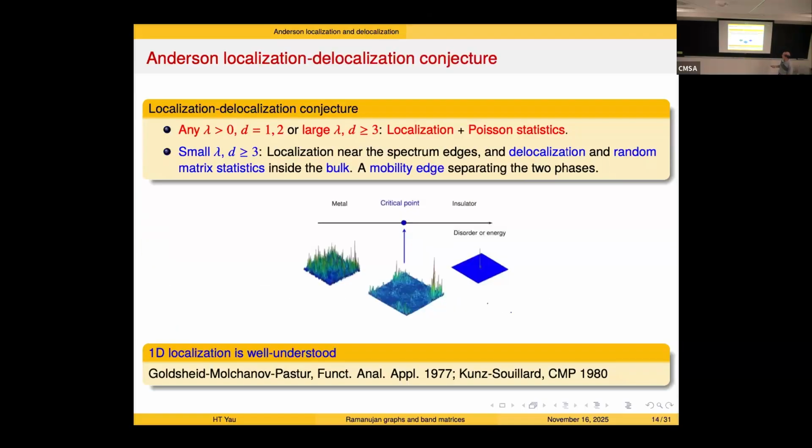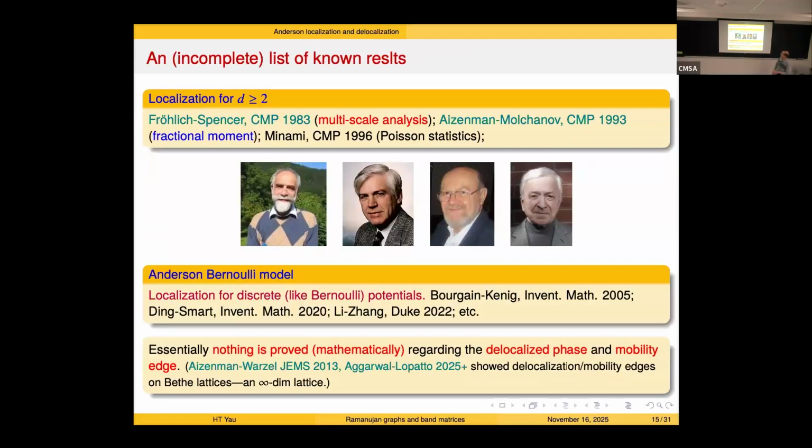There was a famous work by Fröhlich and Spencer, and by Aizenman and Molchanov, in 1983 and 1993. For lambda large, you have localization, which you can prove.